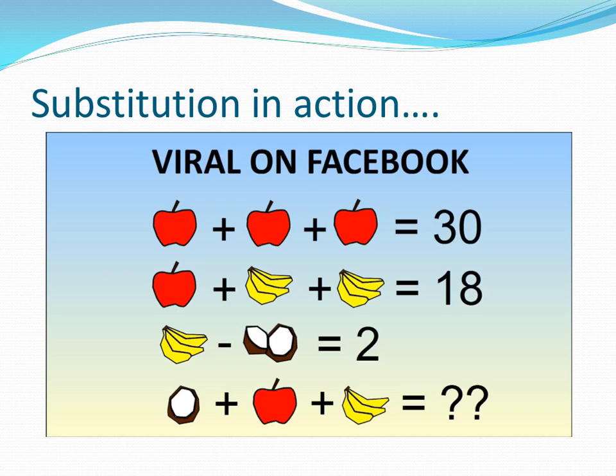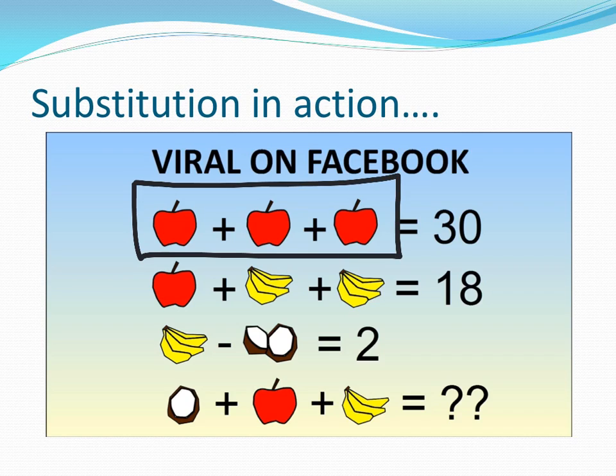You've got a clear piece of information right here in the first equation. If you know that there's going to be 3 apples that are 30, then each apple has to equal 10. Once you know that, then you can substitute that information in for all of the other apples and then use that to find what's missing.